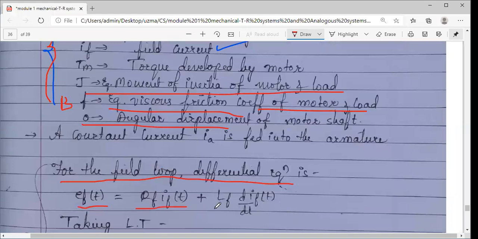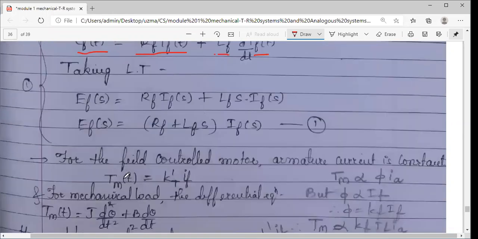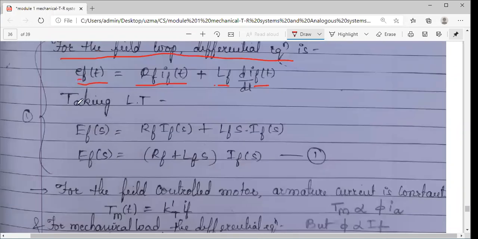This is your differential equation. If I take the Laplace transform, what will I get? EF of S equals RF IF of S plus LF, with one time differentiation, so S into IF of S. IF is common in both terms, so take that common outside. So I have EF equal to this into IF.